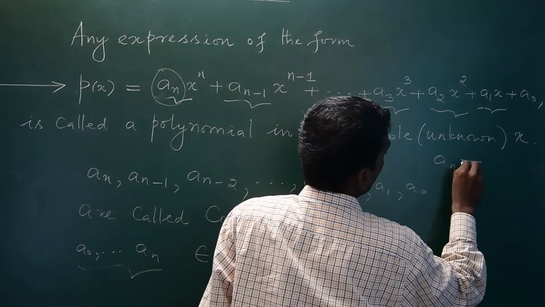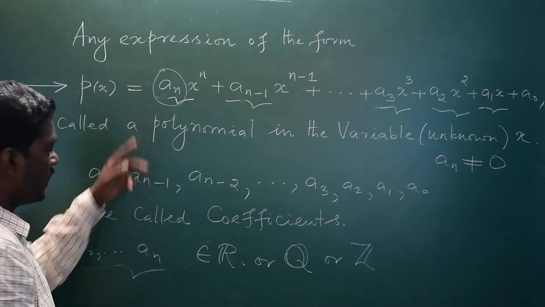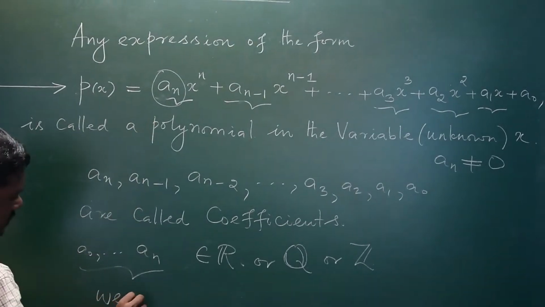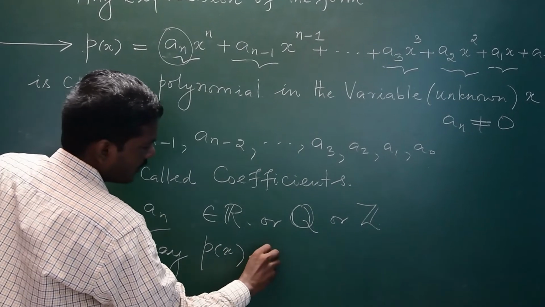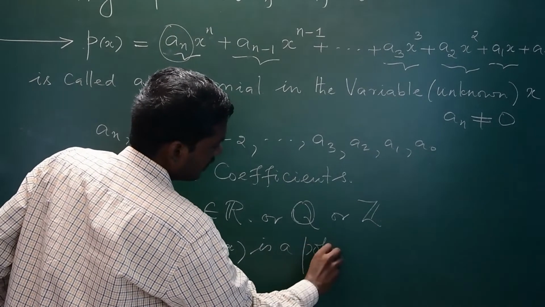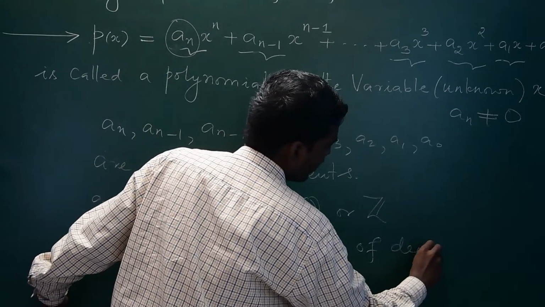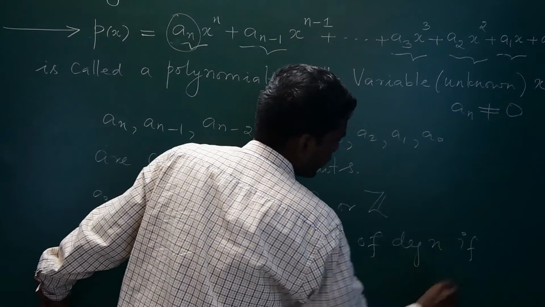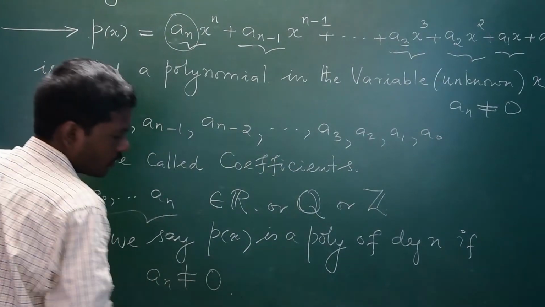So we say p of x is a polynomial of degree n if a_n, the coefficient, is not equal to 0.